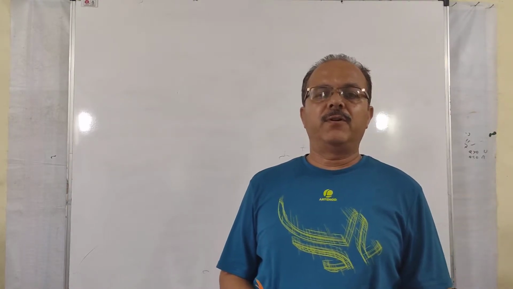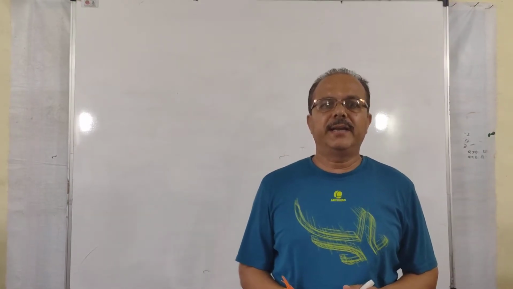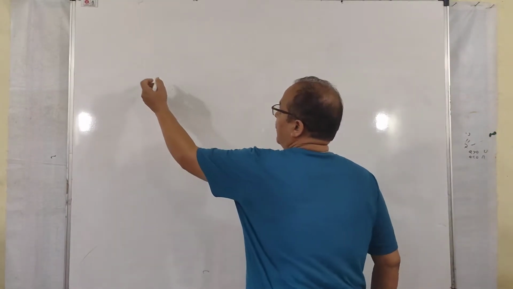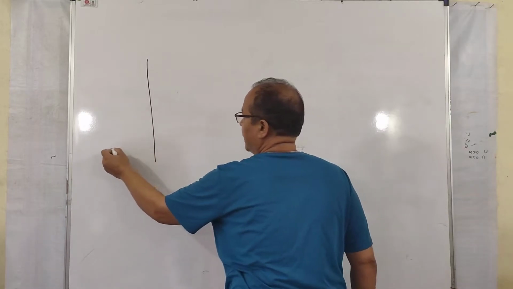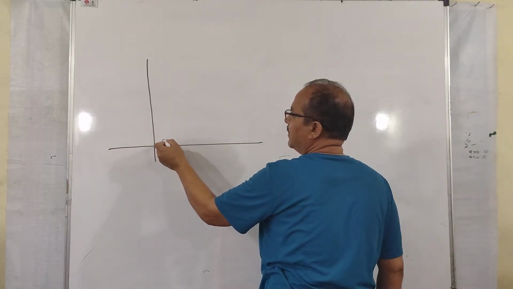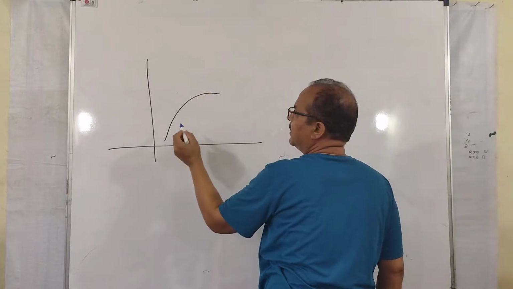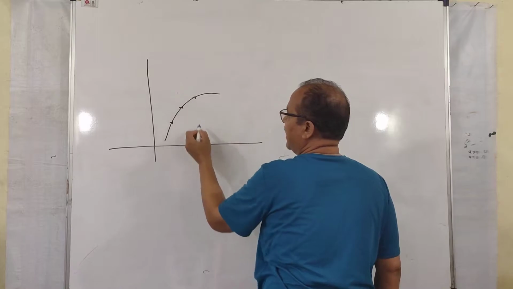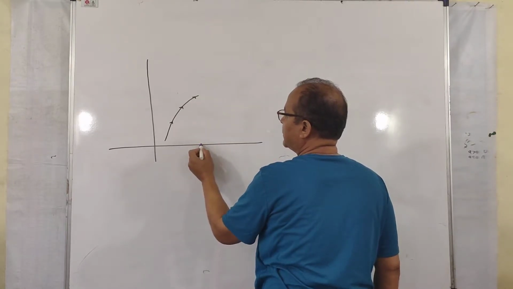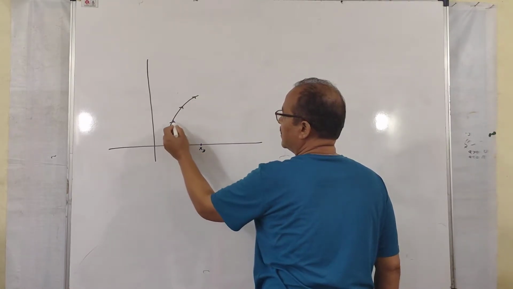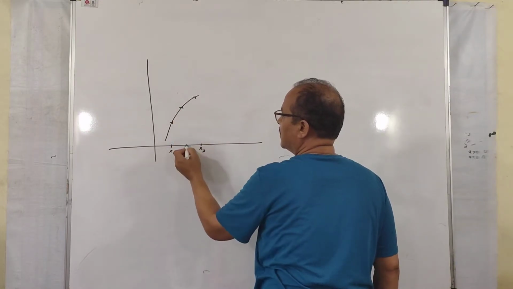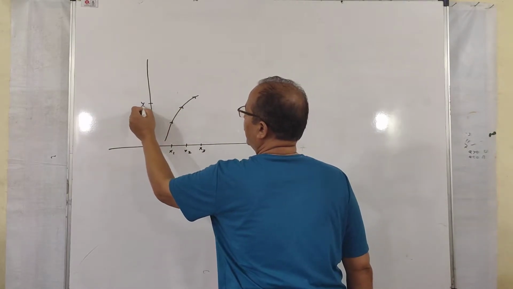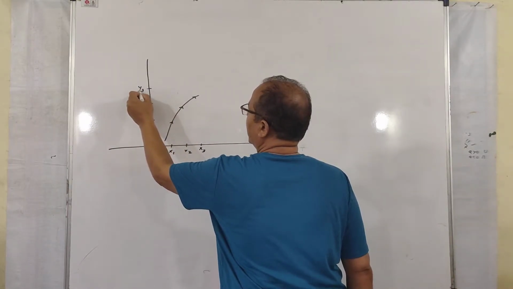So students, first of all, I want to tell you what are increasing functions and what are decreasing functions. For example, if we are having a graph like this, what is happening? As we are increasing the value of x, the value of y is also increasing.